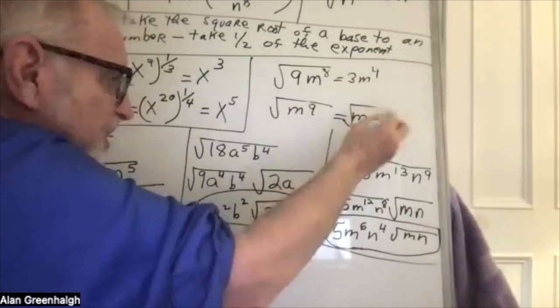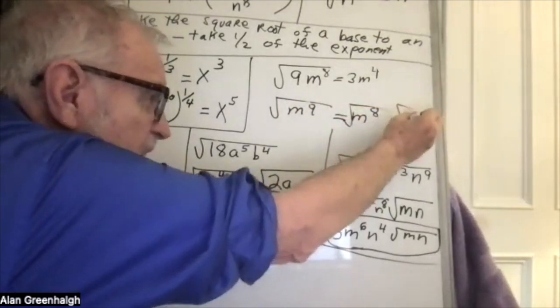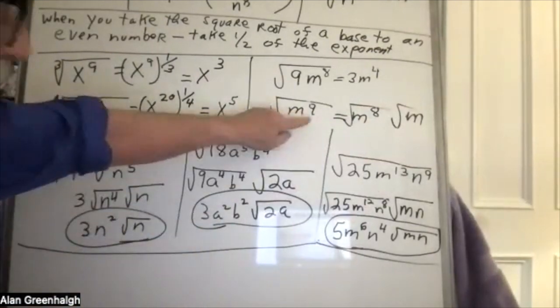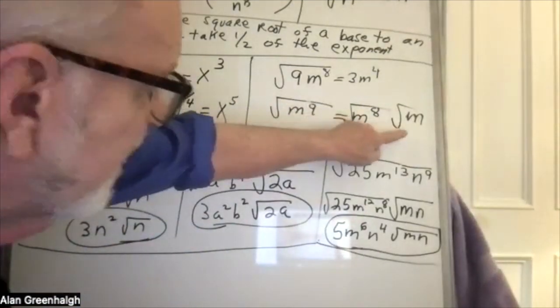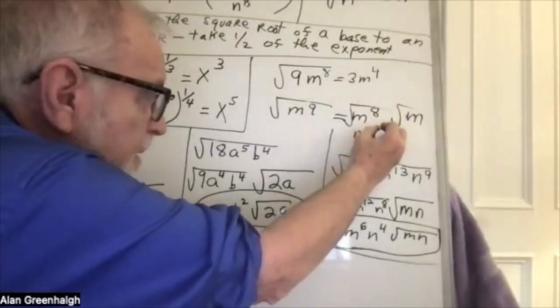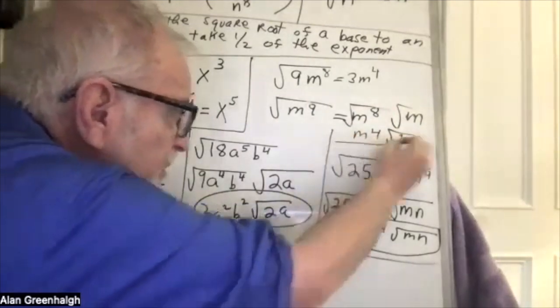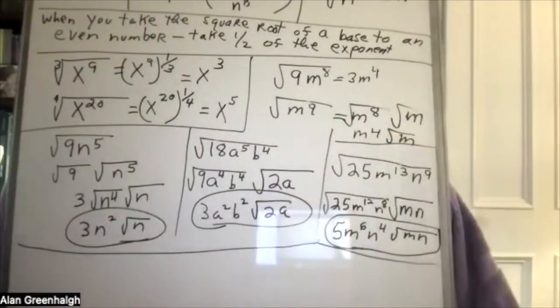No, you don't want to get into fractions and decimals. This is what it's equal to. It's equal to m to the 8th, and just leave that alone over there. Like m to the 4th, half of 8 is 4. Get it? Yes, I do. Okay.